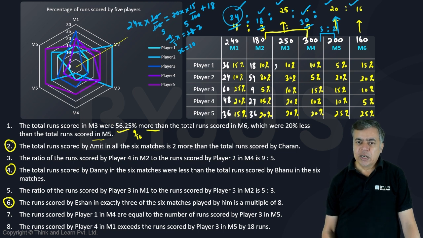250 is the total, 10% is 25, 30% is 75, right? 75, 10% is 25, 20% is 50, 20% is 50. Okay.